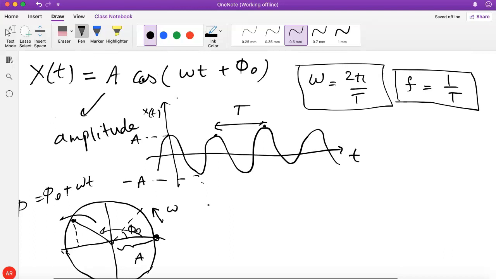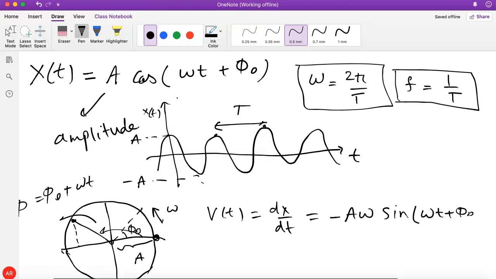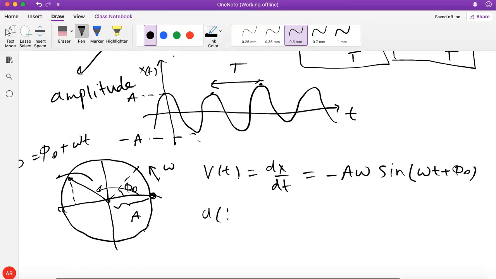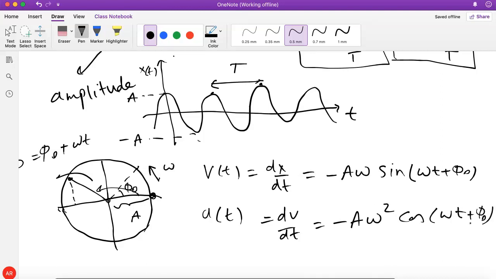A couple of other things we did was talking about velocity and acceleration. So if x of t is that, v of t is just the derivative with respect to time, so that turns out to be minus A omega sine of omega t plus phi naught. Taking another derivative, we found a of t to be dv dt, and that's minus A omega squared cosine of omega t plus phi naught.